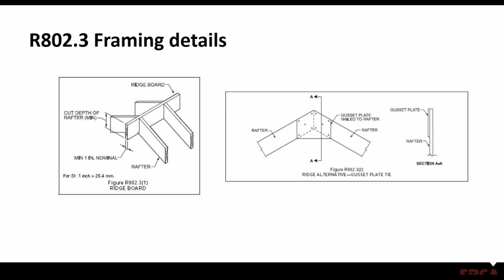Now, if you don't want to use a ridge board, you are allowed to just butt the two rafters together and then apply a gusset plate nailed to the side. That is acceptable. Unfortunately, the code really doesn't provide much guidance in terms of what that gusset plate needs to be, or the type of nail that needs to be used to attach the gusset to the rafters.